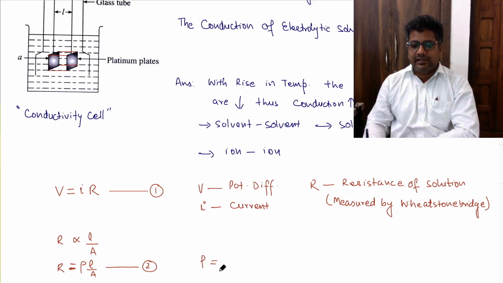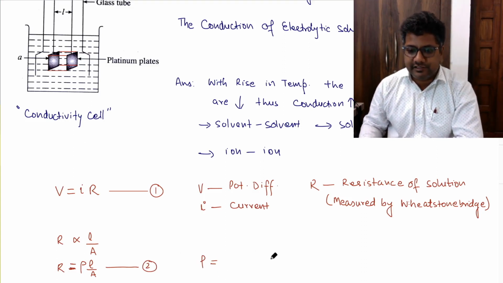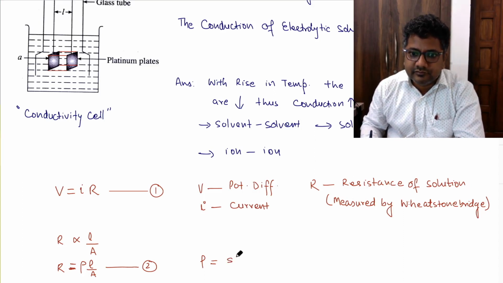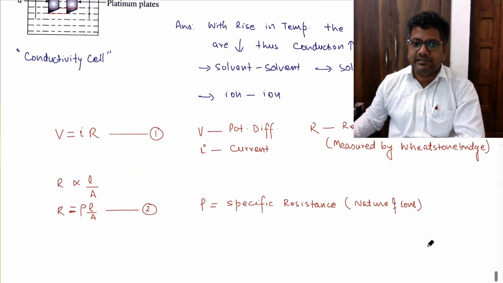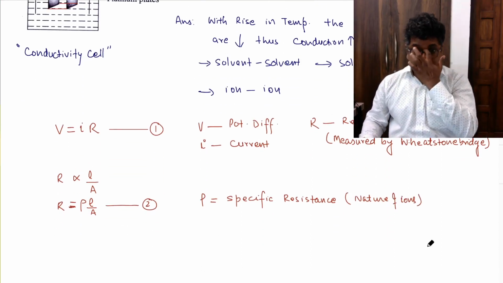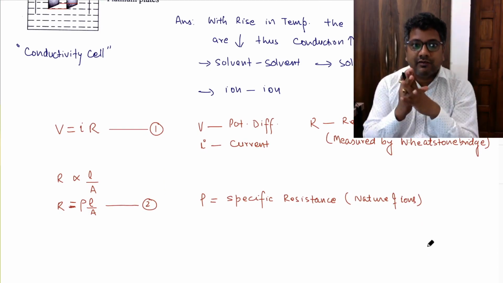Rho is called specific resistance, and it depends on the nature of matter, I mean the nature of ions. So all of you are clear about these two formulas.